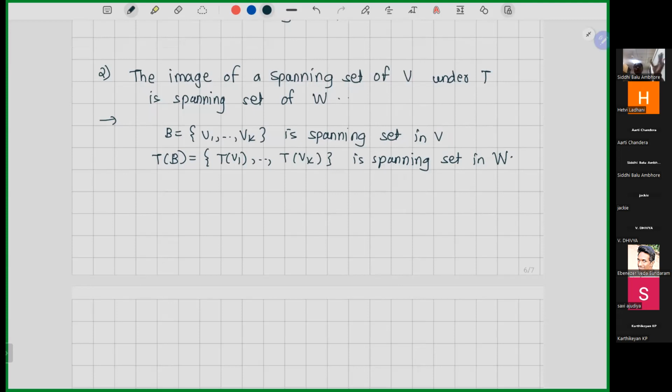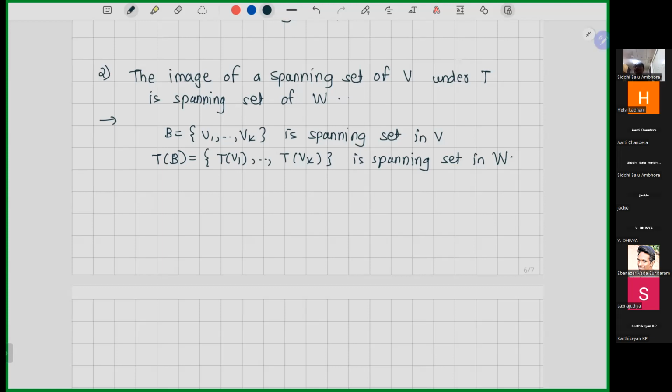For example, the zero transformation is also a linear transformation, right? Then v1 to vk may be non-zero, linearly independent vectors, but T of B will be everything 0, 0, 0, 0.